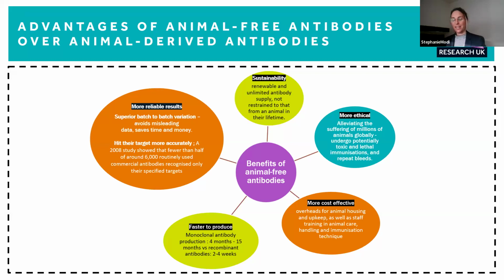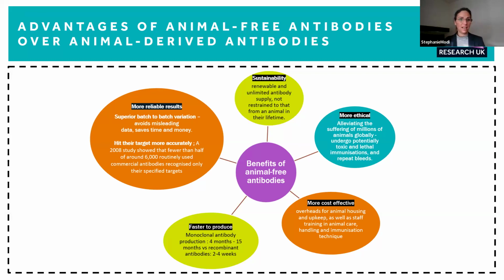So I mentioned earlier that there's lots of benefits around animal-free antibodies. I want to highlight some of these benefits. So if we look at the big orange circle there, you're going to get superior batch-to-batch variation. You're not going to get that problem with having to inject a different set of animals and then get a different set of antibodies.